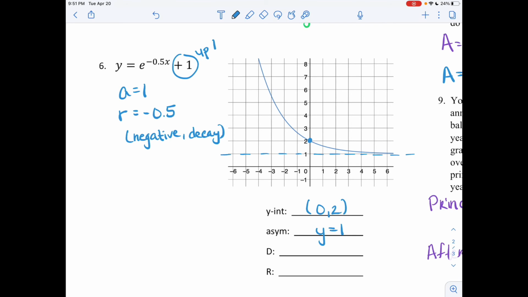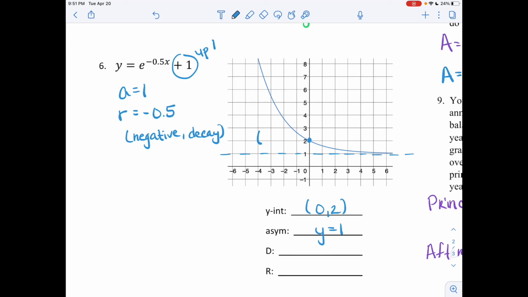Now that is different than normal. We've normally had our a value as our intercept. However, now remember we have shifted everything up by 1. It would have been here, except that because of this +1 tacked on the end, it has shifted up by 1. So this too is a translation up by 1.